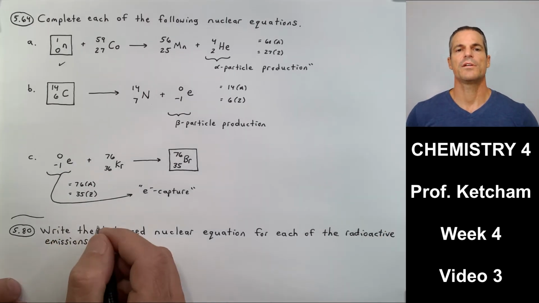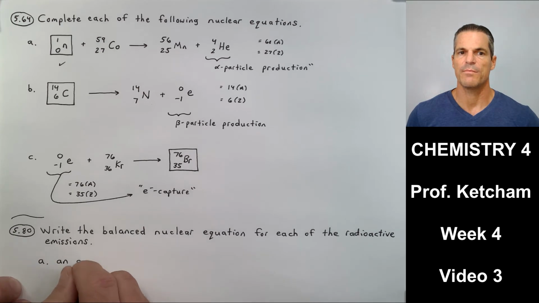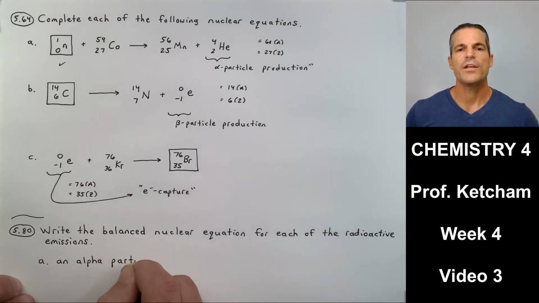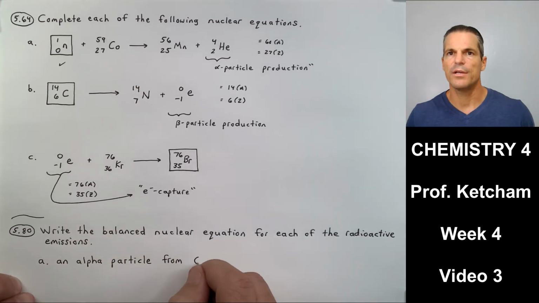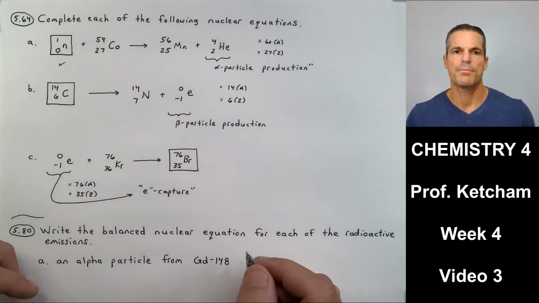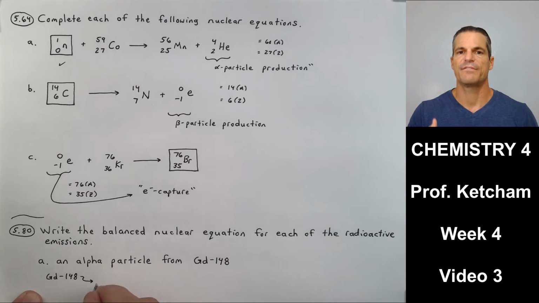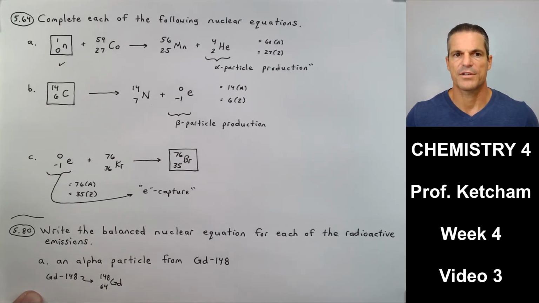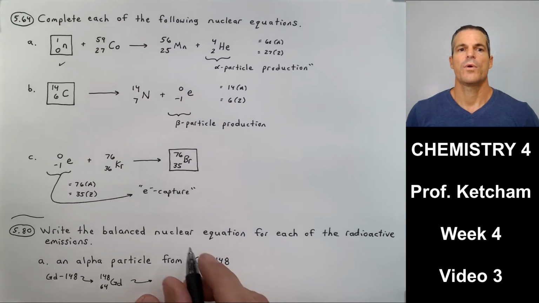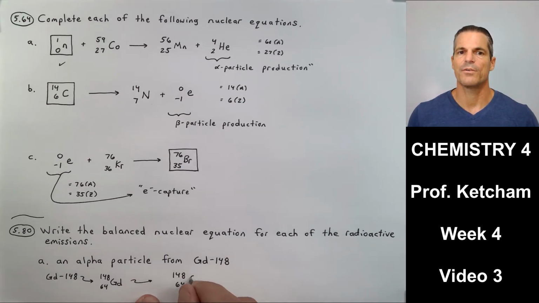Write the balanced nuclear equation for each of the radioactive emissions. All right, radioactive emissions, nuclear equation, nuclear decay process, nuclear fission reaction. These are all chapter 5 terminology for just a chemical reaction. So A, we have an alpha particle made from gadolinium-148.